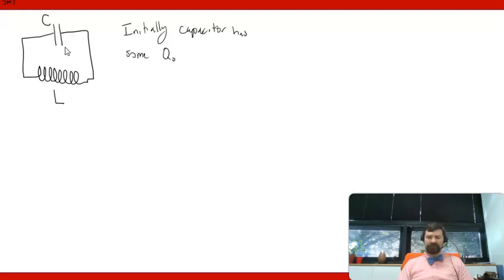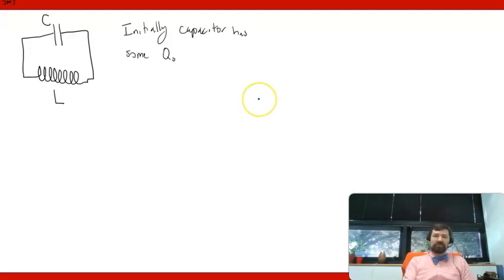Beyond that, I could maybe graph also the current in the inductor, which should also tell us what the rate change of the charge on the capacitor is. And I could also, in principle, plot things like the total energy stored in each one of these two elements.